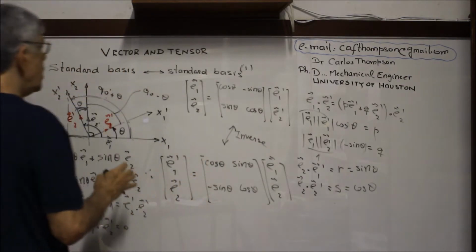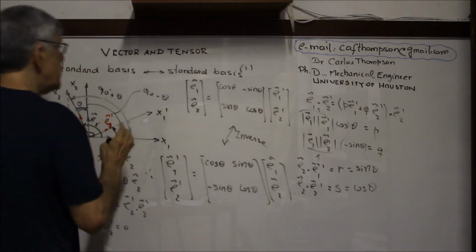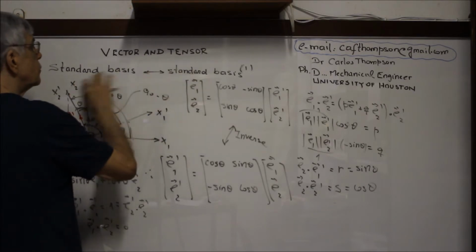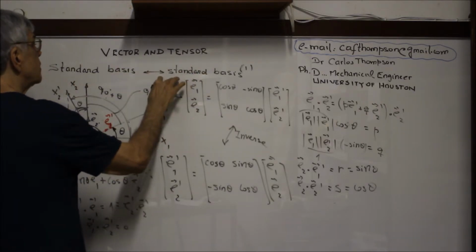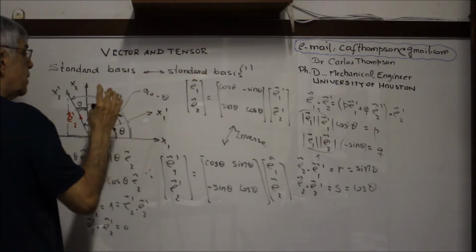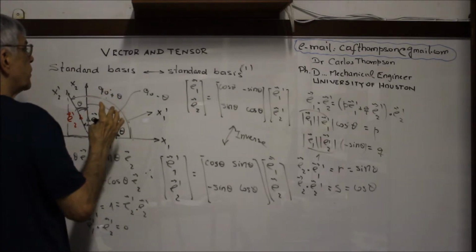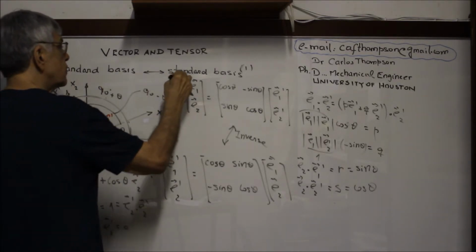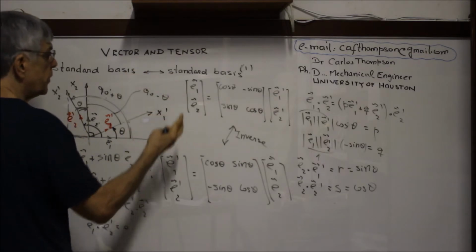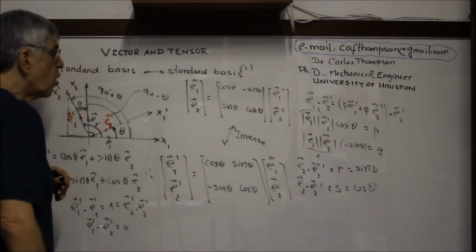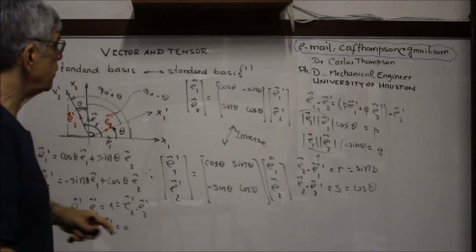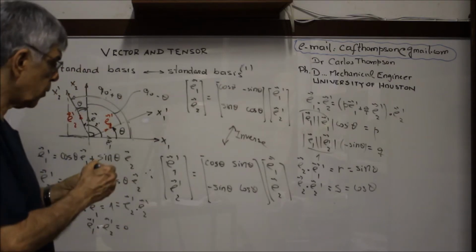Again, when we work with two different standard bases, the transformation from one base to the other and vice versa is, instead of calculating the inverse, you just write the transpose.